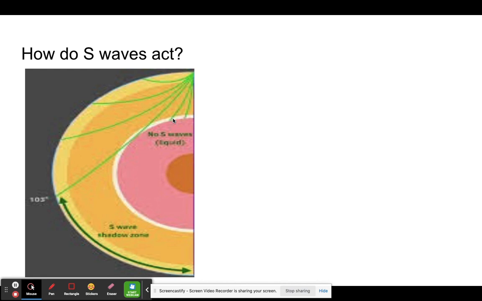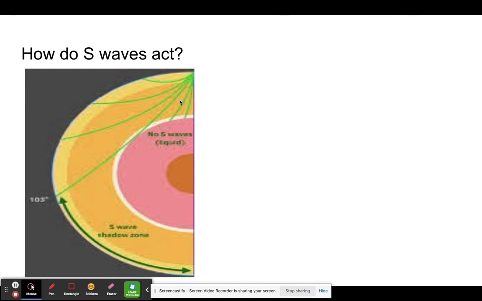Because an S wave cannot move through a liquid. So, as these different centers that are located all around the world are relaying messages about the different P and S waves that they're receiving, if you're on the opposite side of the world compared to where the earthquake began, you don't receive any S waves.